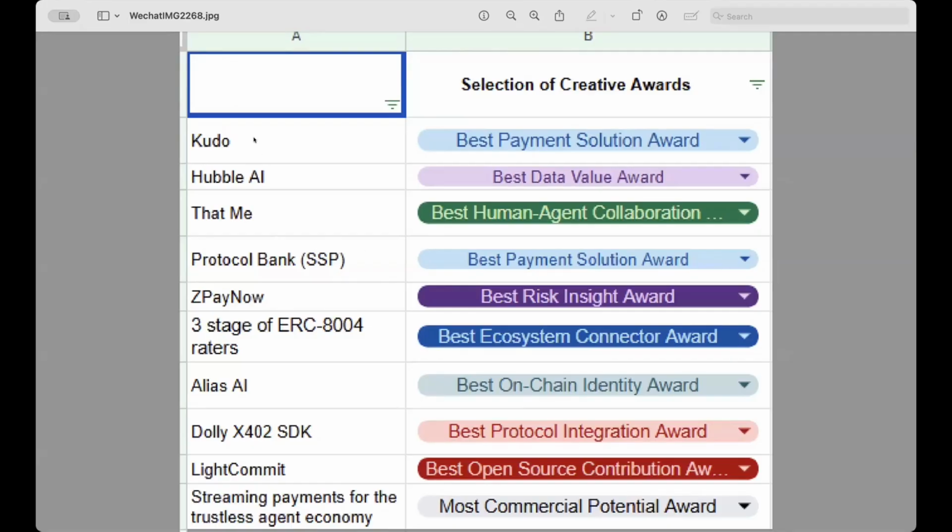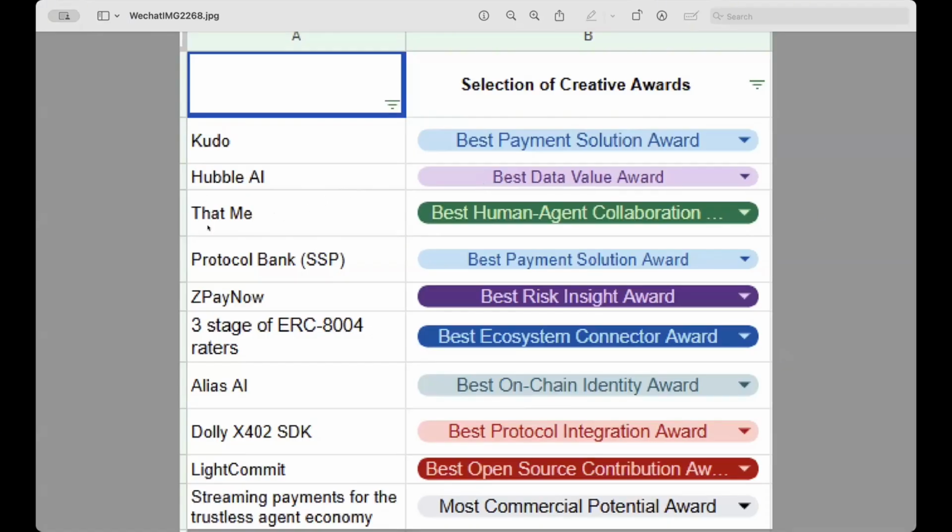First of all, huge congratulations to Kudo for taking home the Best Payment Solution Award. Congratulations. Following that, congratulations to Hubble AI for taking the Best Data Value Award.